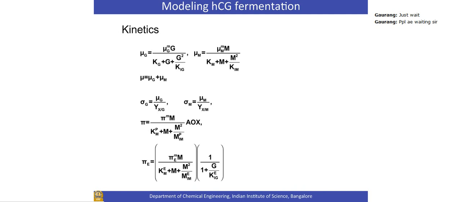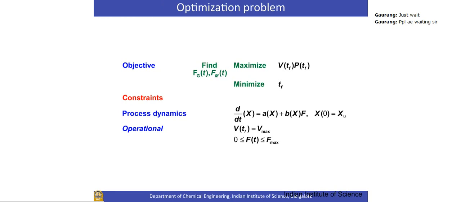So the first thing that we do is use a lot of experimental data to estimate some of these parameters. Now, once this is done, we have our model for the fermentation process. Then I formulate the optimization problem.